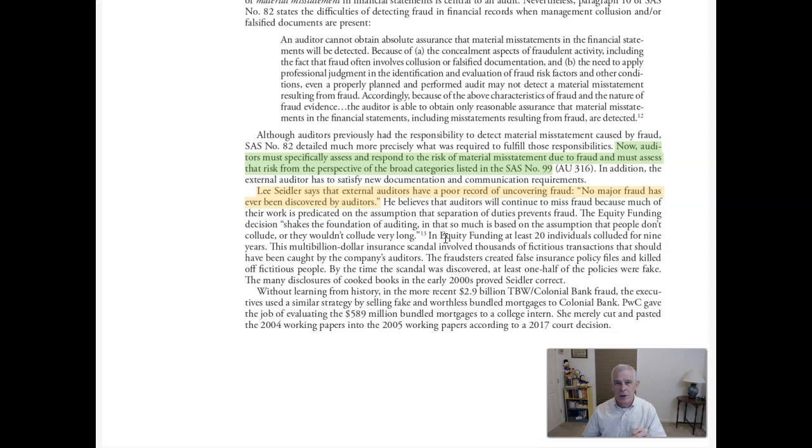Think about that. These CPA firms coming in to audit the clients every year for the purpose of expressing an opinion on the financial statements, and no major fraud has ever been uncovered by that outside CPA firm. It's a whistleblower, an internal auditor, someone else, but not the outside auditors. So we as CPAs and auditors have a very poor track record.